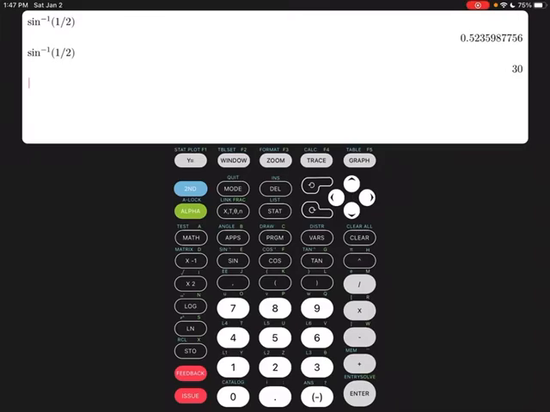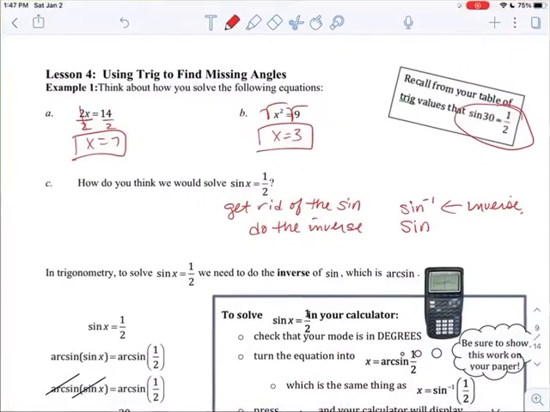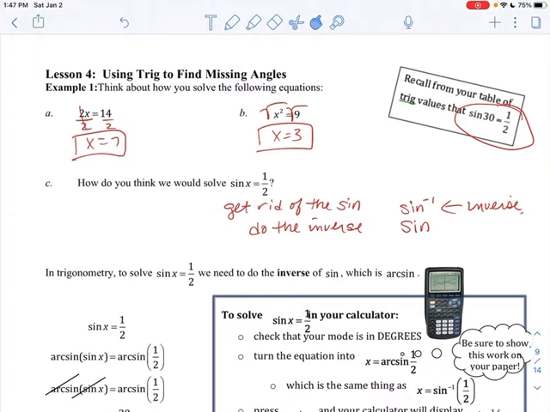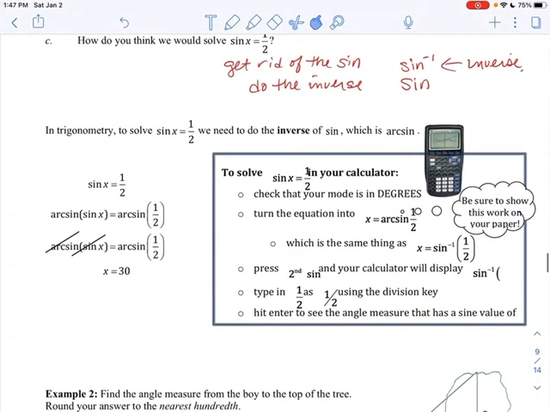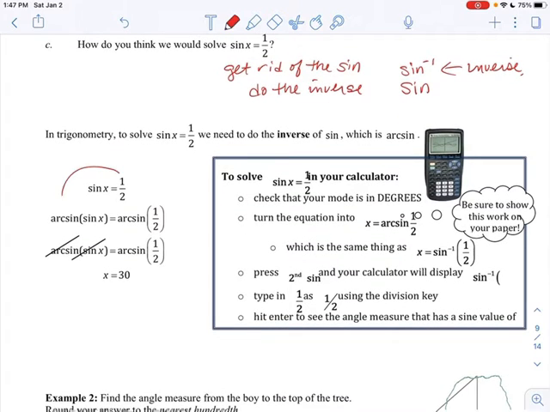So that's my answer. I have the directions for doing that right here, but basically when I want to solve sine of x equals 1/2, we need to do the inverse of sine, which is called the arc sine, which is that button sine -1. So sine of x equals 1/2.